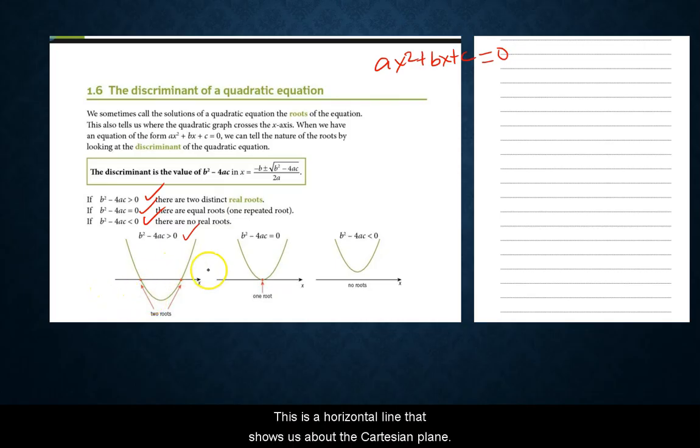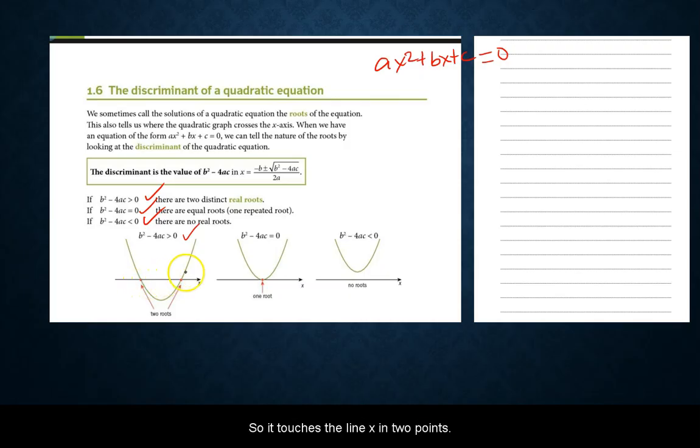This is the horizontal line on the Cartesian plane, so the graph touches the x-axis at two points. When the graph crosses the x-axis in two particular places, it means there are two roots. So the first condition holds that the discriminant is greater than 0.